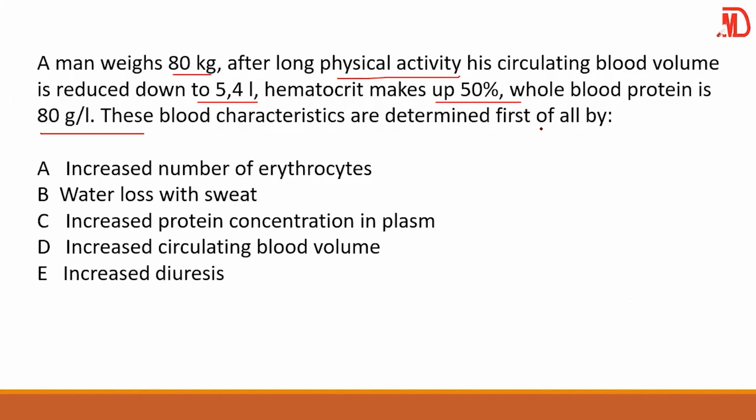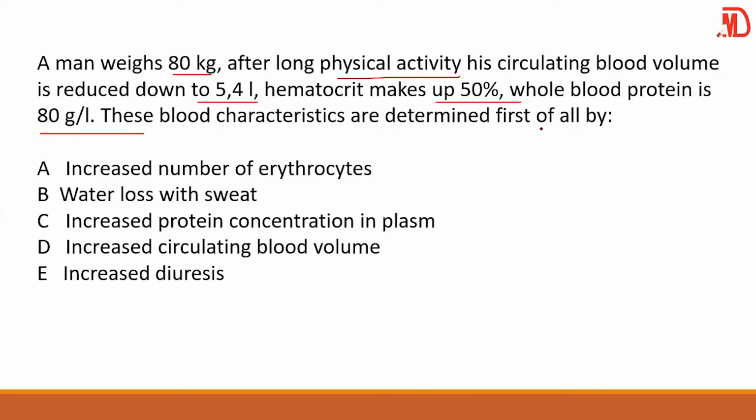First of all, after a long physical activity, circulating blood volume would decrease due to what? Of course, profuse sweating. When you are doing exercise, you sweat, and as a result the volume of blood could reduce.